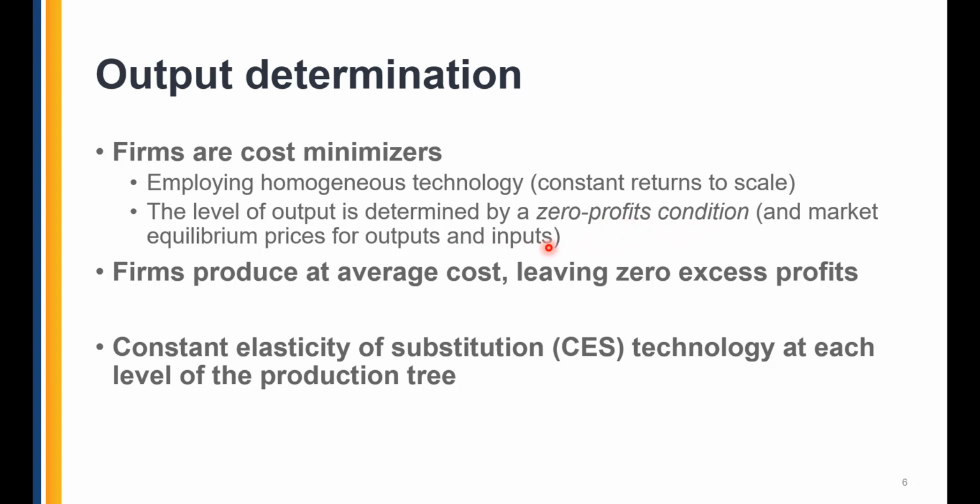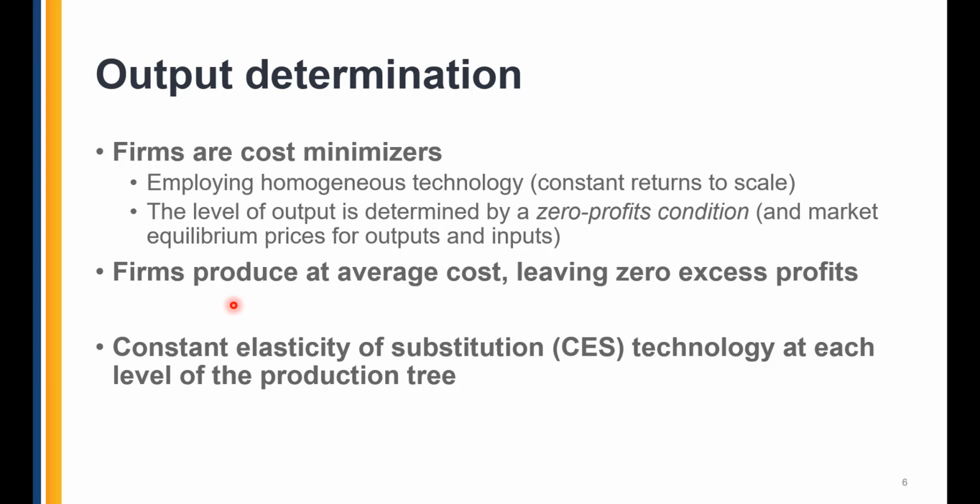So the market equilibrium determines the price that sets the average cost for all the inputs. So zero profits in this case means that there are no excess profits to the firm. There's nothing left as sort of bonus remuneration, it all can be accounted for in either the payments to primary factors or the purchase of intermediate inputs.